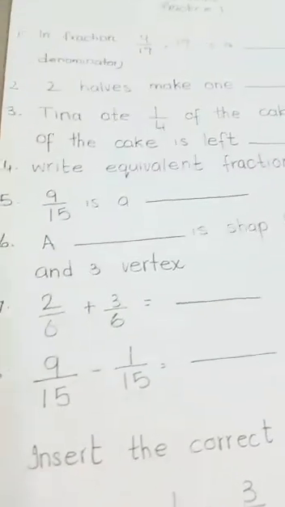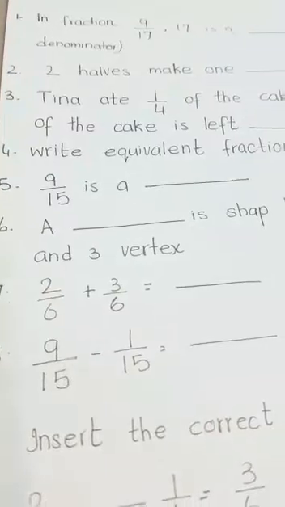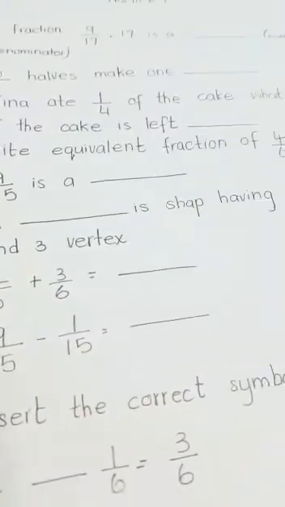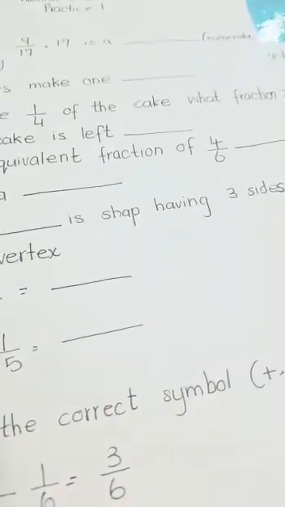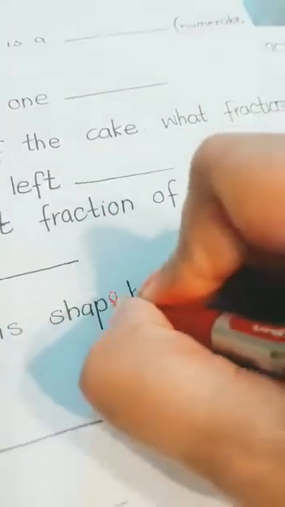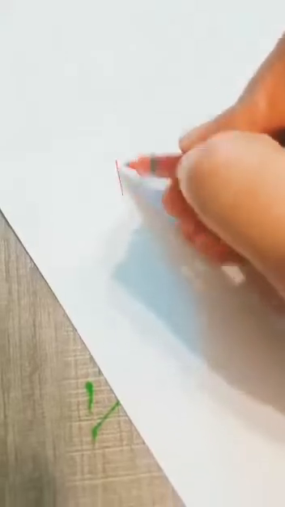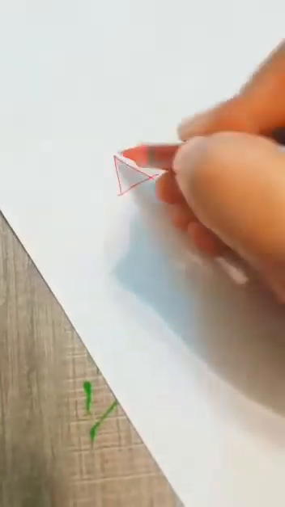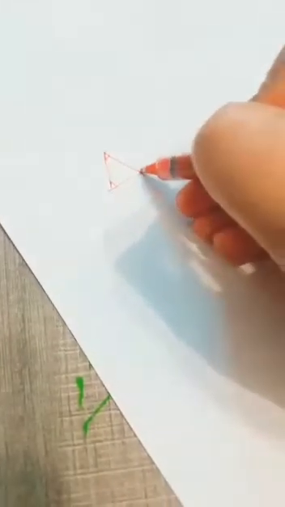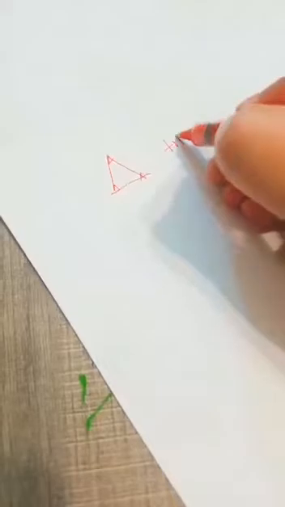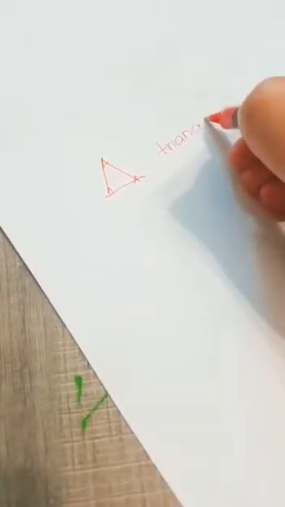Okay, we are getting to question number 6, and it says a dash is a shape having 3 sides. Shape having 3 sides. Obviously, let's draw a shape. It has 3 sides, 1, 2 and 3, and this shape is called a triangle.